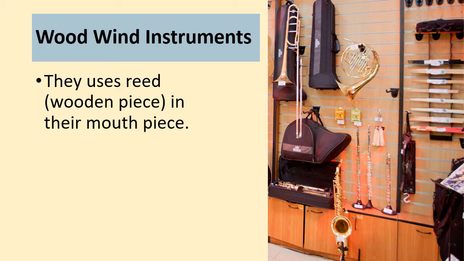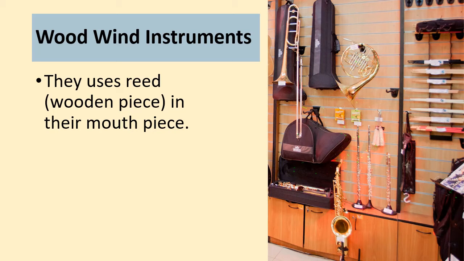Once the reed is placed on the mouthpiece, the player takes the mouthpiece to the mouth and blows air into it, and tongues, it's actually called tonguing. The vibration from the reed generates the sound that flows out from the bell, from the body of the instrument, and at the end of the day we get the sound we are talking about.